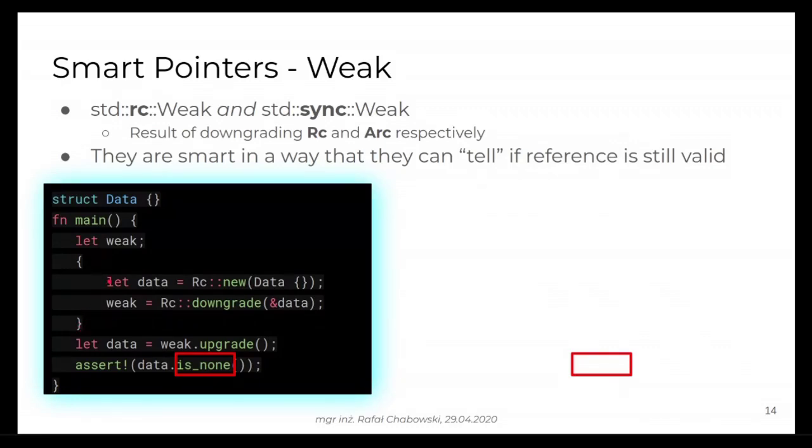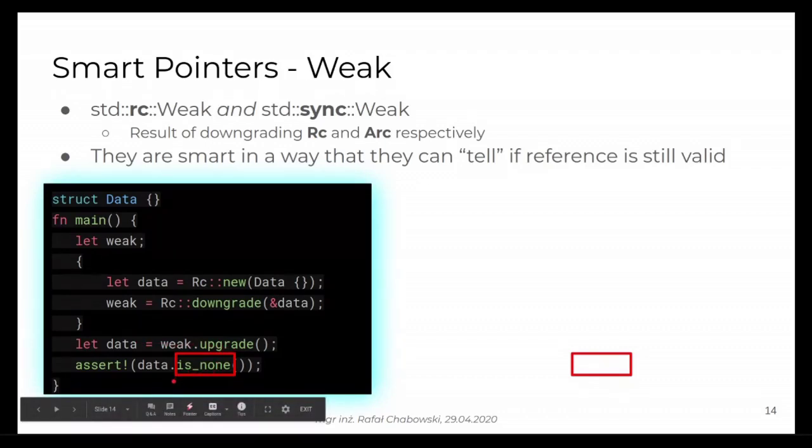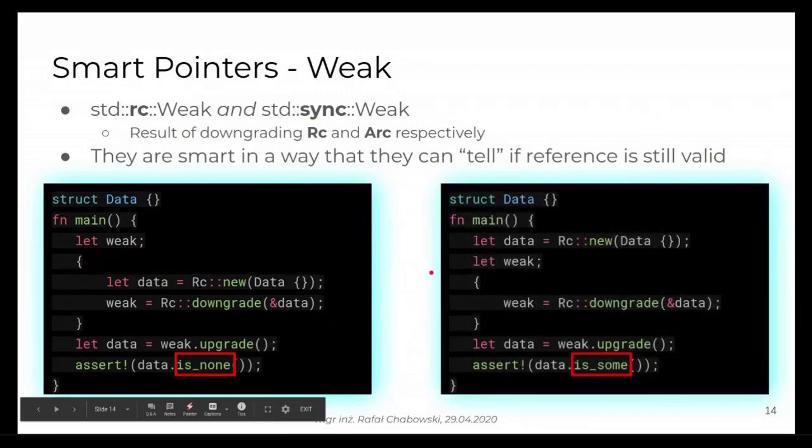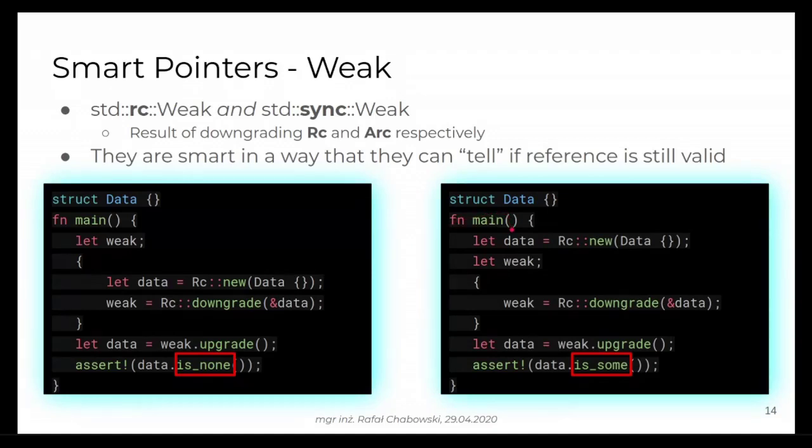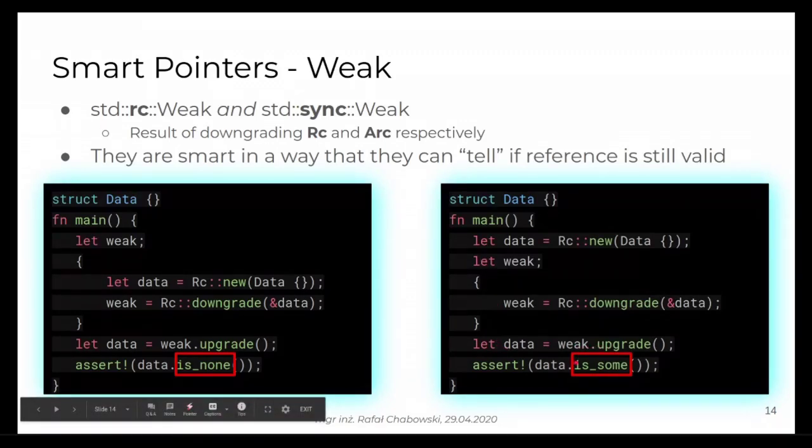The scope ends, the original data is destroyed, and we try to upgrade the weak pointer, and it will not work. The data is no longer accessible. And on the other side, the code is very similar, but this time we create the data outside of the internal scope. So in that case, if we try to upgrade the weak pointer, we're going to receive the original data.